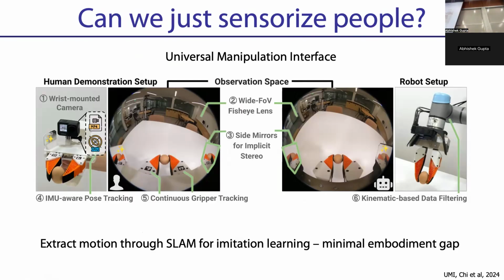One area that has been really interesting has been how people have tried to construct new interfaces to collect data. This is one called the Universal Manipulation Interface, or the UMI. Essentially what they do is they have this little glove type thing, the thing on the left, and they have a person just hold the glove and do stuff, right? A human just holds the glove and you have a wrist camera.